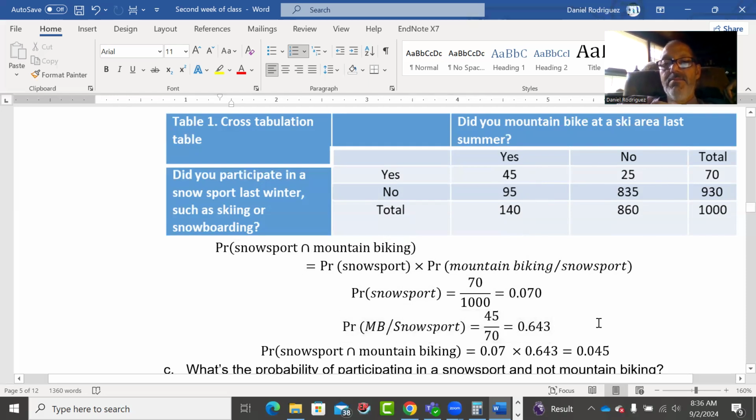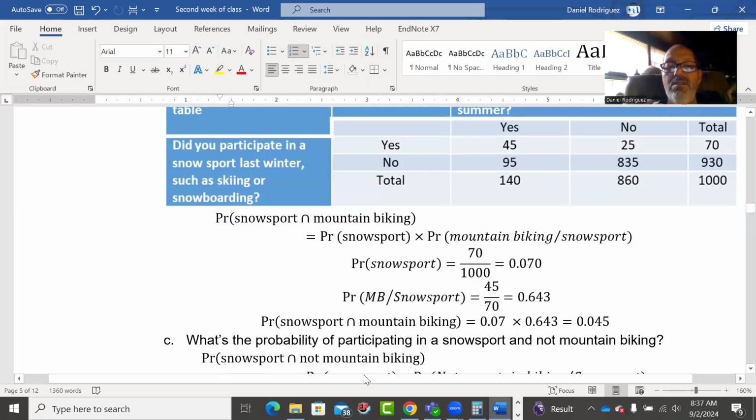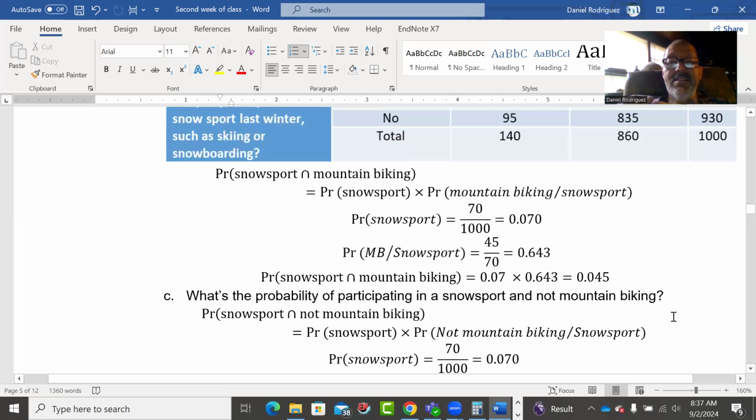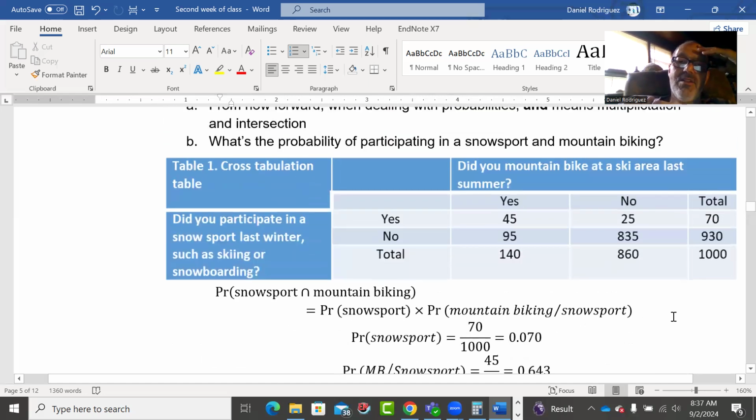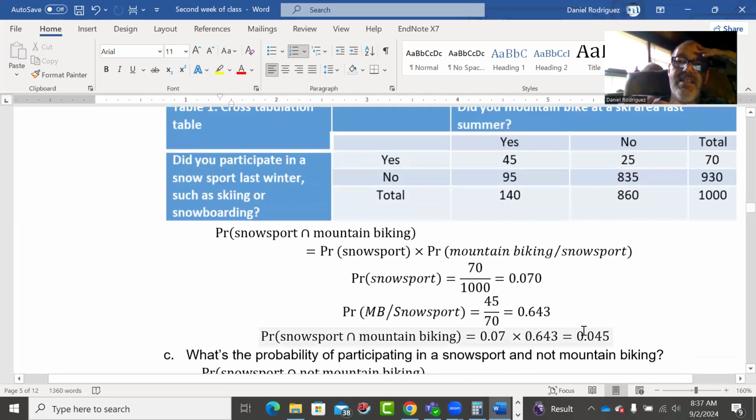That's how I got that. So the probability of participating in a snow sport and mountain biking was, by this equation, 0.070 times 0.643 gives us 0.045. Voila, that's our answer. Well, if you look at this, that's exactly what we got earlier when we just divided 45 by 1,000.